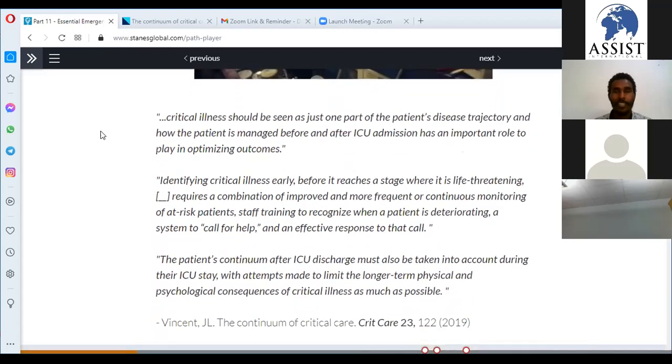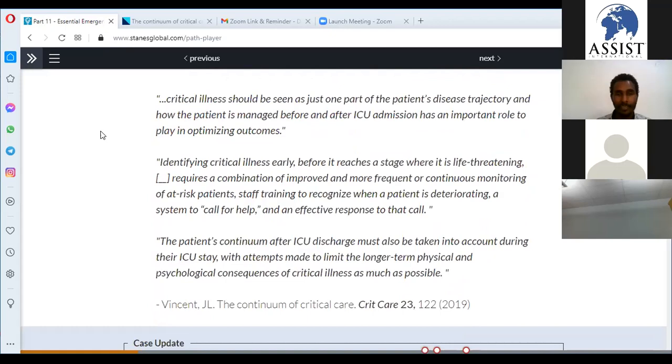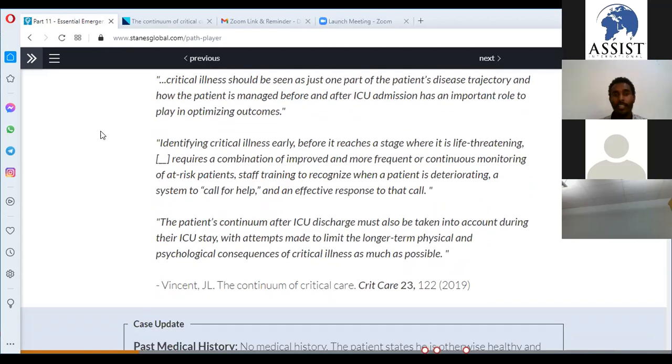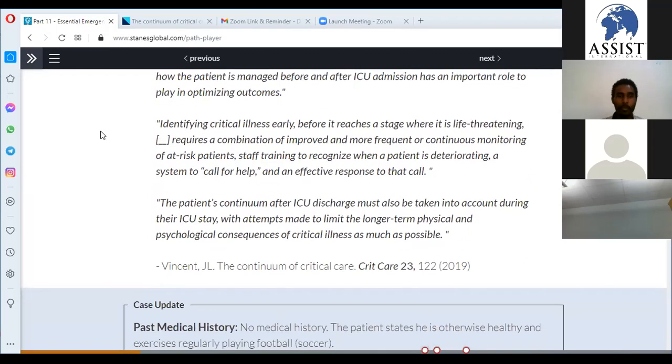significantly. So we need to be able to identify critical illness early before it reaches a stage where it's life-threatening. It requires a combination of improved and more frequent or continuous monitoring of at-risk patients, and also enhancing the workforce by training when the patient is deteriorating, and also developing a system to communicate with the appropriate person, as a means of calling for help, or how we need to respond to a call.